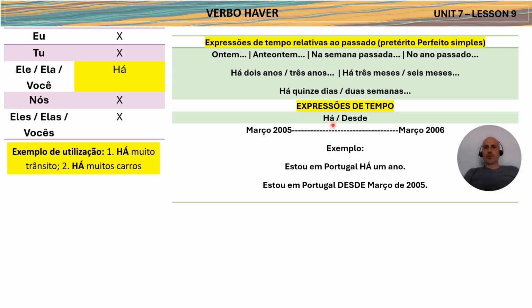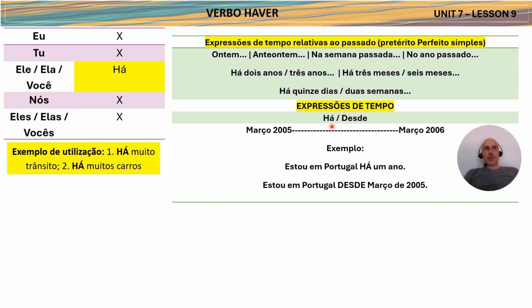Or sometimes you translate this há like for, for example: I've been studying Portuguese for 10 days. I've been living in this country for 2 years.